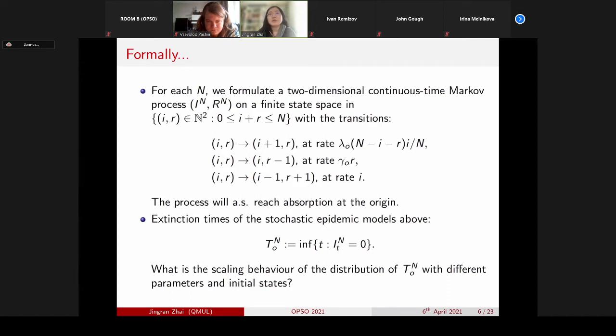In other words, we hope to find the appropriate shift and scaling function depending on n, the big N, such that the scaled extinction time converges to a non-trivial distribution.